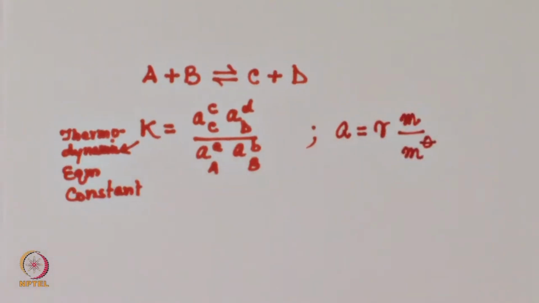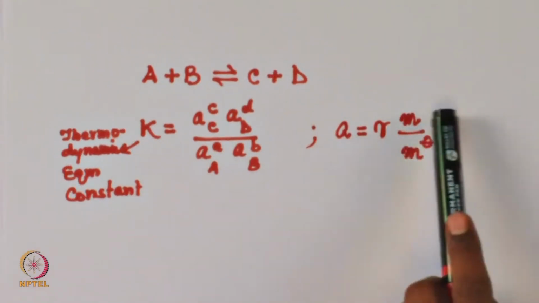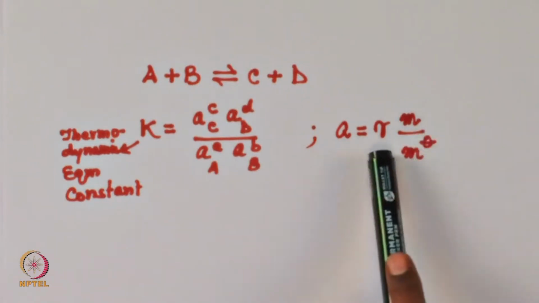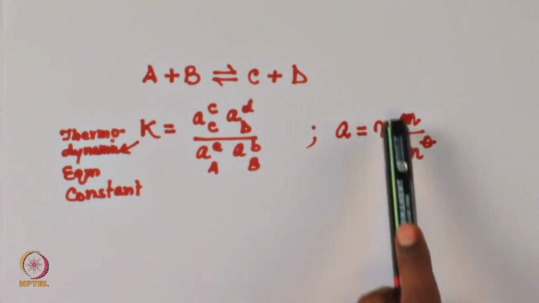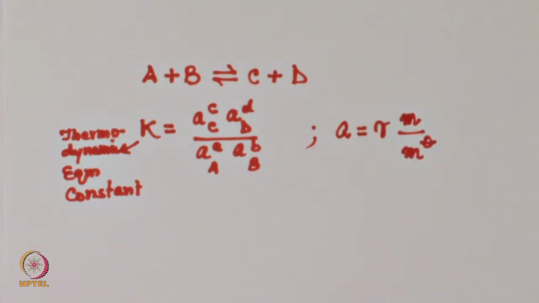This is how we have defined activities earlier. Activity is connected to molality through a connector, the activity coefficient, times m by m naught. M naught is introduced to get rid of the units.